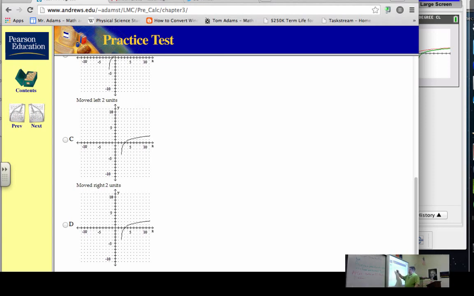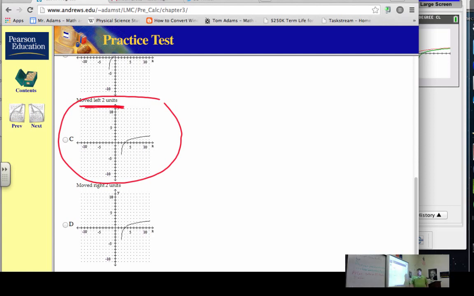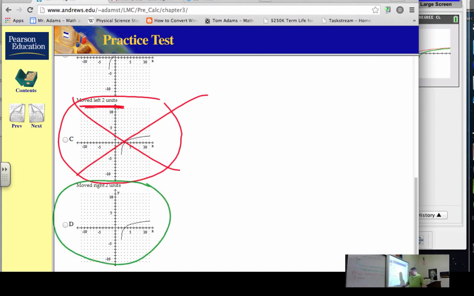Yeah, right here, if you look at C, it's the right graph, but it says that it moved left 2 units. Okay, D's the right answer because it moved to the right 2 units. So the graphs were correct on both of them, but the actual verbiage was not correct.